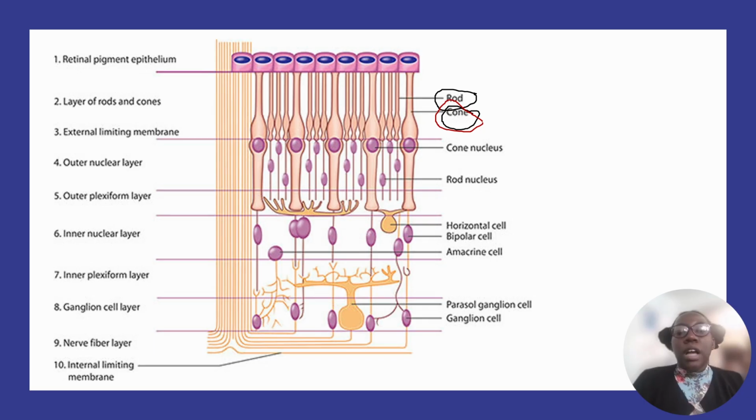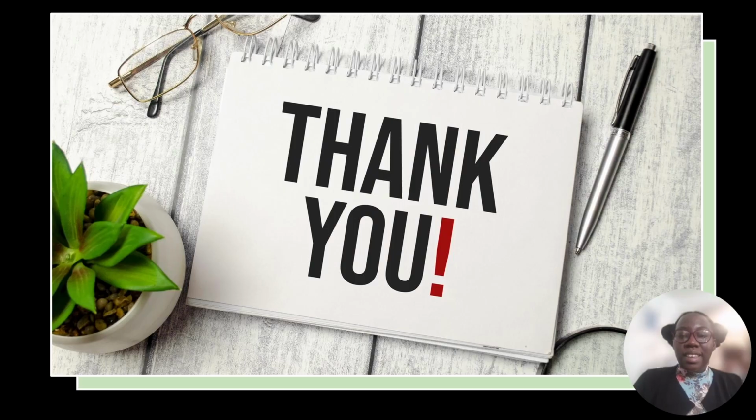They take the image and convert it into impulses, and then the optic nerve will carry those impulses to the brain, and then you can understand what you're actually looking at. So that was it for the structure of the eyes. Thank you for watching.